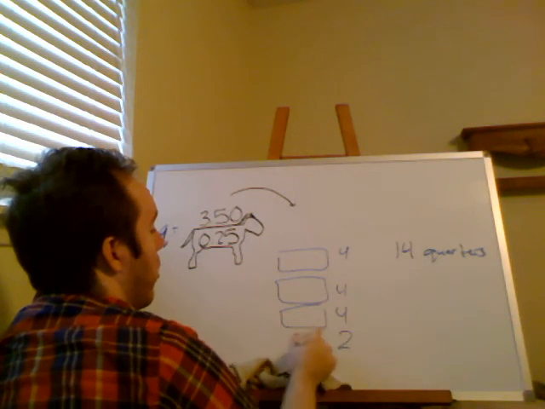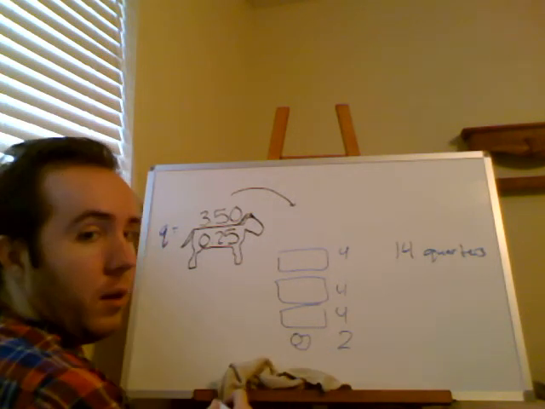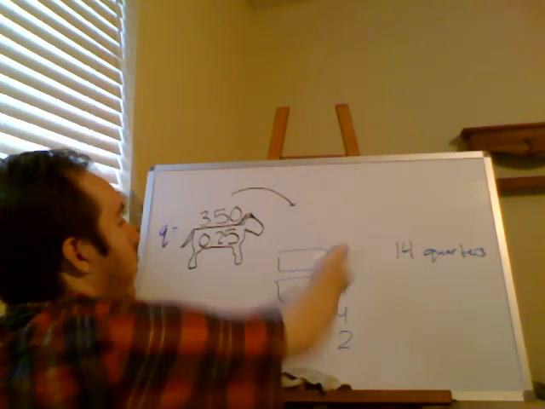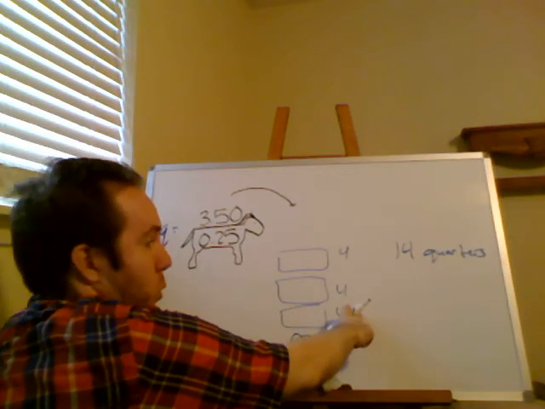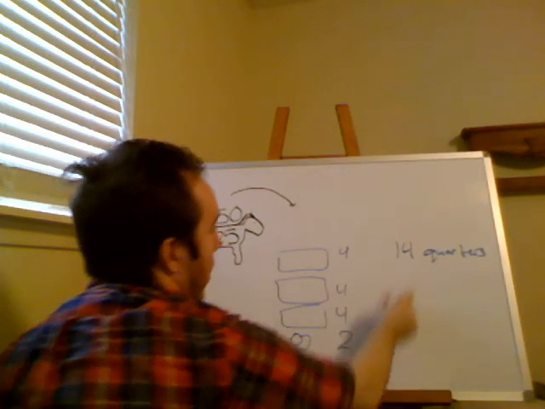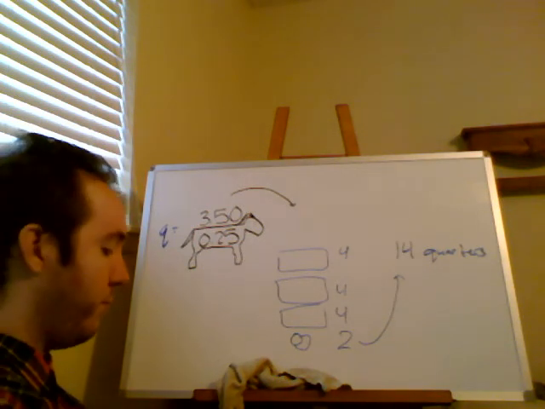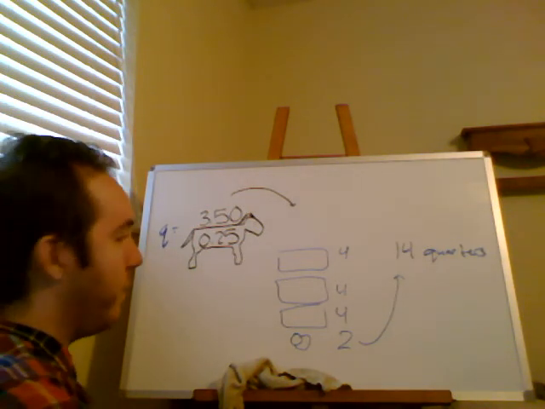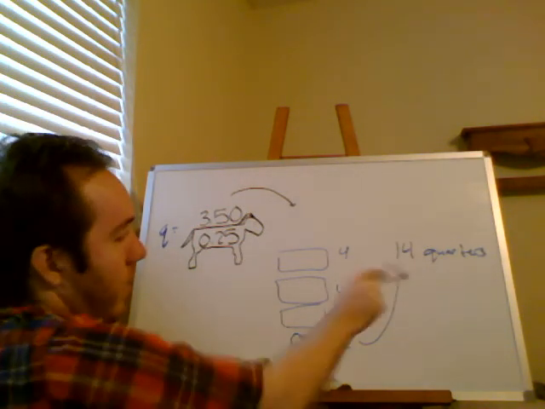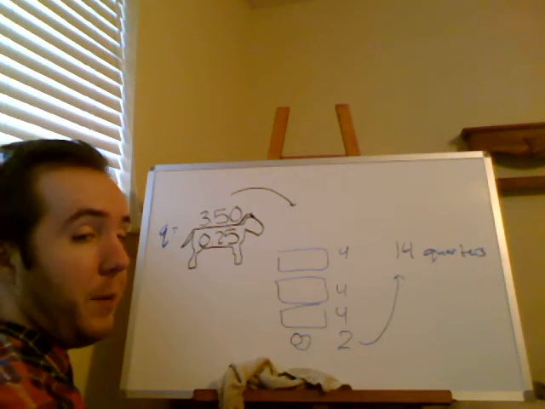And so that's 2 more quarters for the 50 cents. Okay? So 4 plus 4 plus 4 is 12 plus 2 is 14. So that's 14 quarters. It's another way to think of it. So 3.50 is 14 quarters, which is my answer.